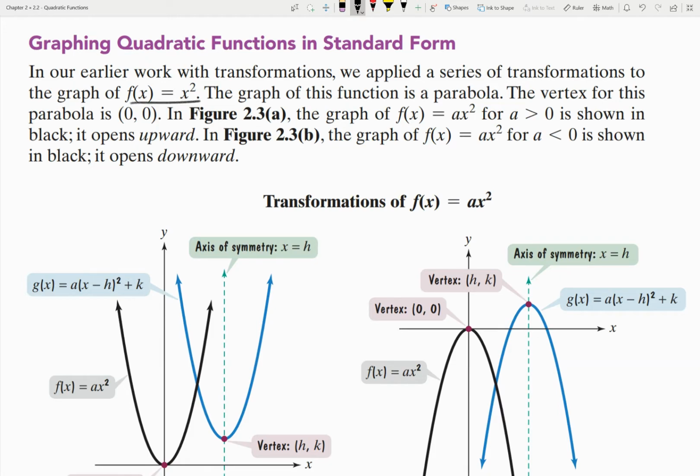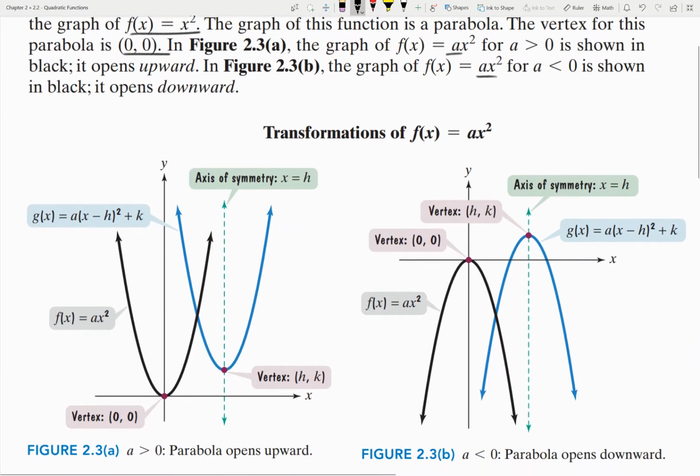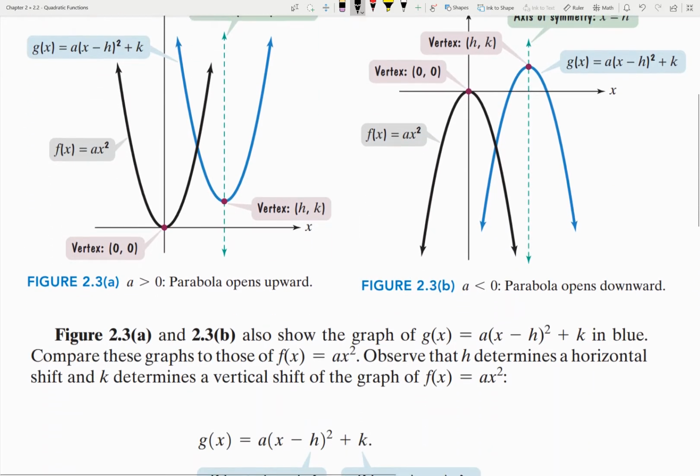The parent function, f of x equals x squared, is a parabola. The vertex is (0, 0). It opens up or down if we start to put numbers in the front there. If a is positive, and we said this on the last page, the figure opens up. If a is negative, it opens down, okay?